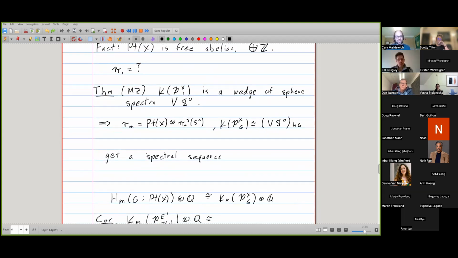Okay, so in particular, we get a spectral sequence: the homotopy orbit spectral sequence, or Atiyah-Hirzebruch spectral sequence. Homology of G with coefficients in the polytope group tensored with stable homotopy of spheres goes to scissors congruence, K p plus q of polytopes in X up to the group G. Okay, cool. Spectral sequence, getting closer.